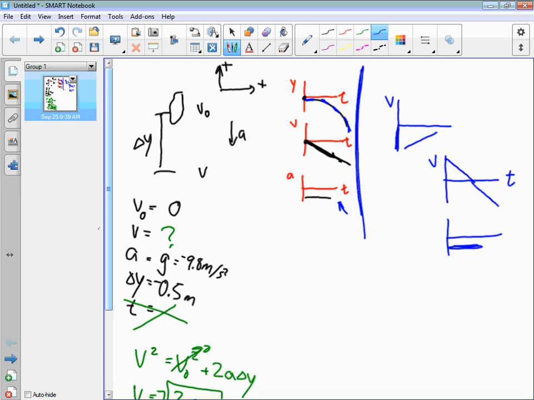Wait, so negative acceleration can mean both an acceleration in the negative direction and a slowing down? It seems to me your question is about negative acceleration and deceleration.